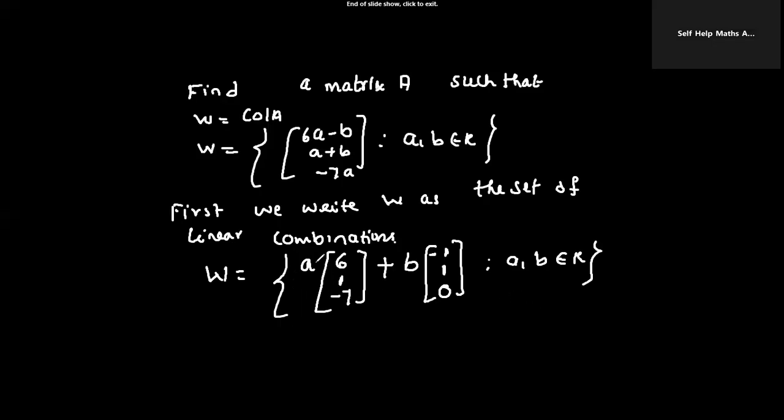Now, if I substitute a and b as different values, I will get infinitely many such linear combinations.